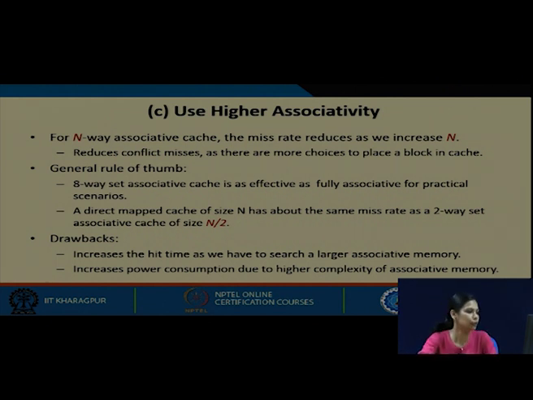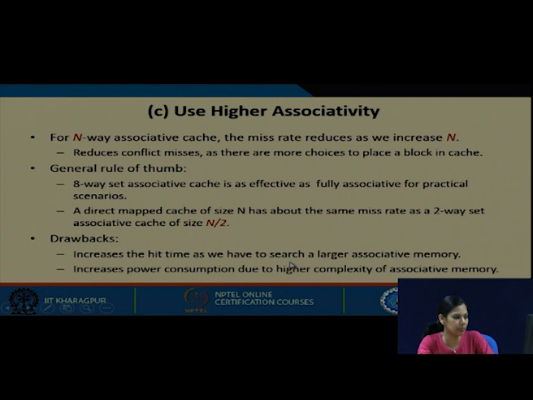A direct mapped cache of size n has about the same miss rate as a 2-way set associative cache of size n by 2. So, if we have an n by 2 size 2-way set associative cache, that will be the same as direct mapping, although direct mapping will be easy to implement. So, what is the drawback of this?